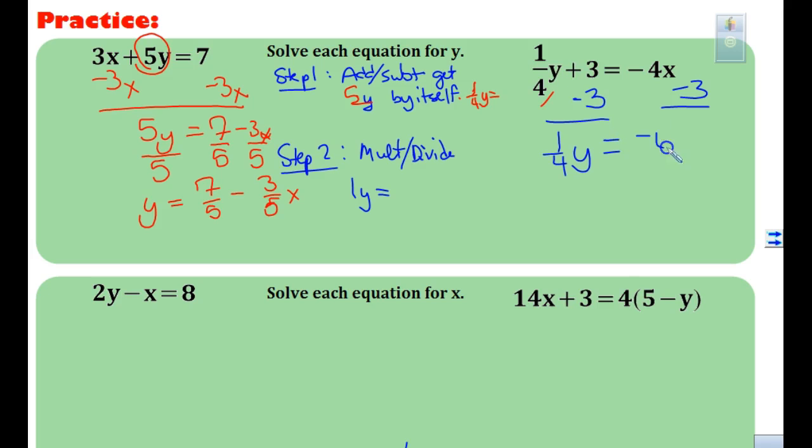Negative 4x minus 3. Yes. Isn't it negative 7x? Can I put negative 7? Can I add them together? No, not like terms. Okay, Adam, you are looking at it, and I don't want 1/4 out in front of here. What would I need to multiply everything by to get rid of 1/4?